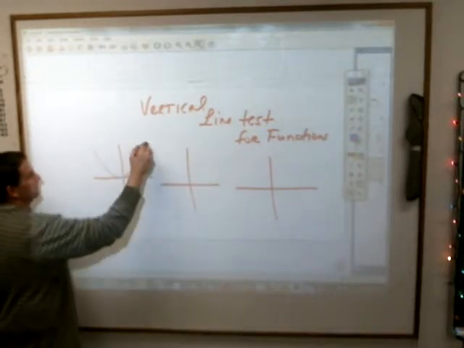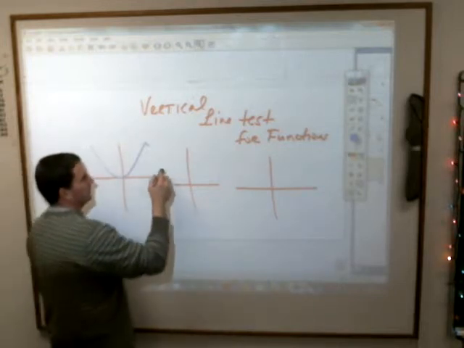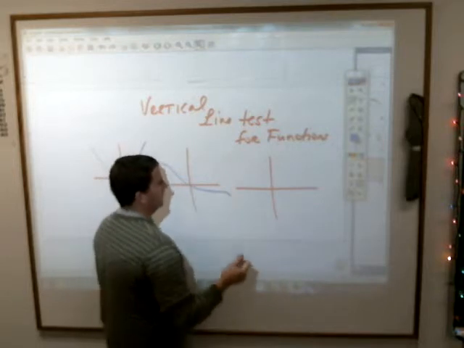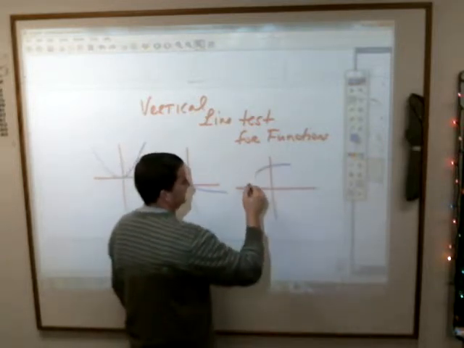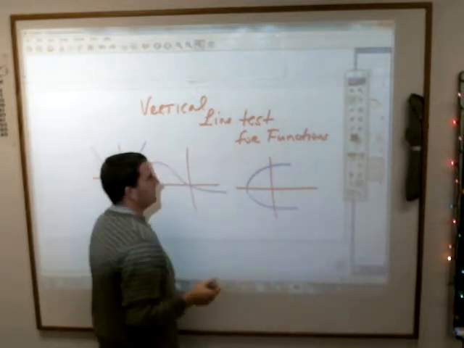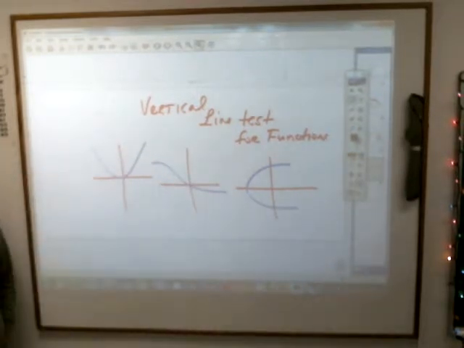Here's the graph of x squared. Here's the graph of sine, I think. And we have a c that looks like this. If you just look at a graph, you can tell if something's a function.